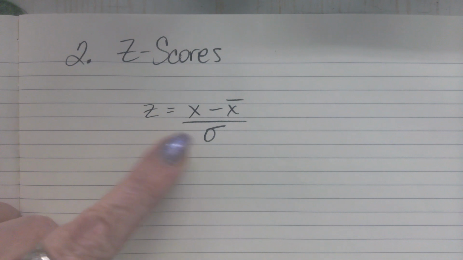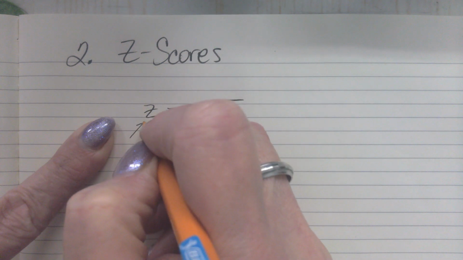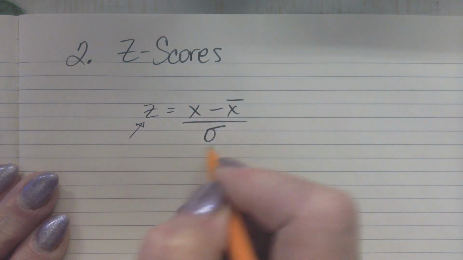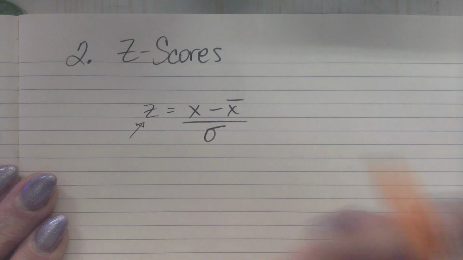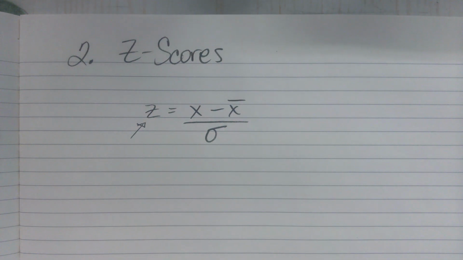Z could be just 1, 2, 3, an even number, but it also could come out to be a decimal. When it's a decimal, it's not quite as far as 1 standard deviation away, 2 standard deviations, 3 standard deviations.